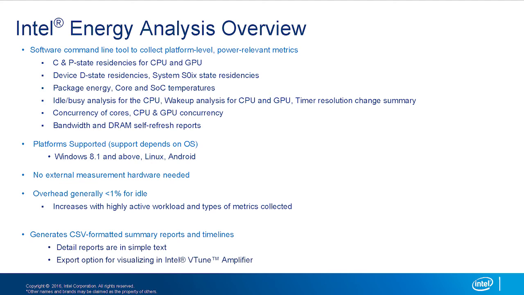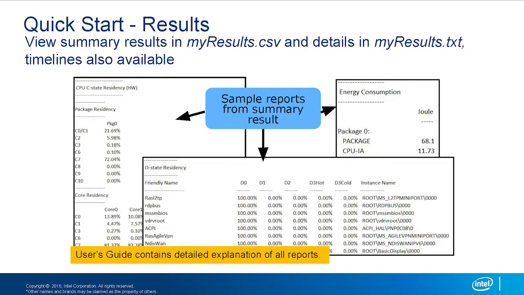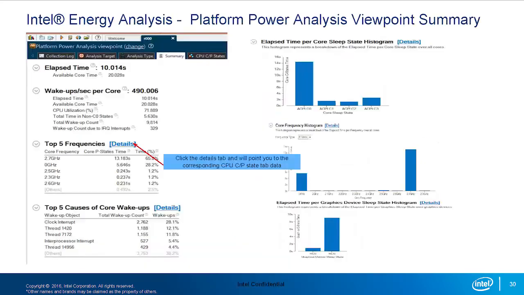So this is an example of the CSV text files that are produced by SoCWatch. You get summaries on things such as the CPU C state and the core residency, energy consumption across the different packages, and device states.